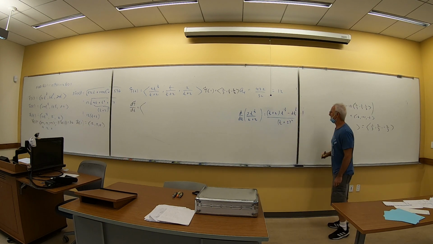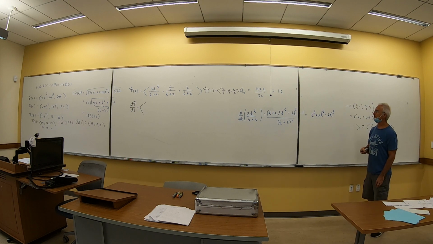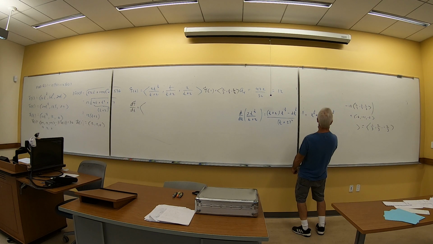All right, well, may or may not be nice. So what's my numerator? It's t to the 1/2 plus 2t to the negative 1/2 minus 2t to the 1/2. Does this come out nice? I don't think so. So what does this end up being? 2t to the negative 1/2 minus t to the 1/2.